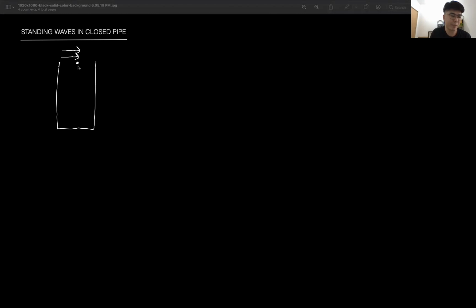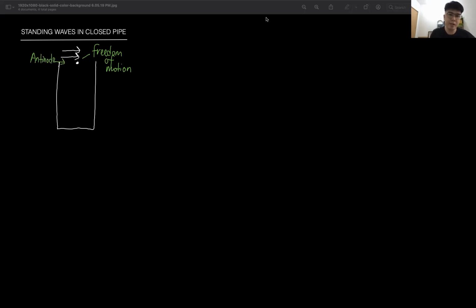Since they are free to vibrate, we say there's a freedom of motion. If there is freedom of motion, then it can never be a node. It is always an antinode. So this is where an antinode is formed.